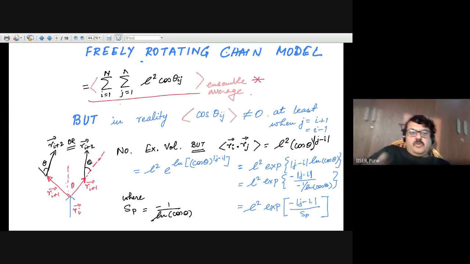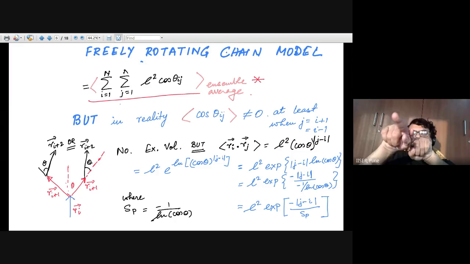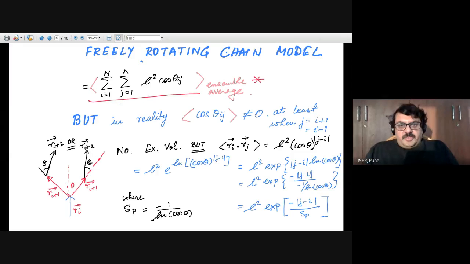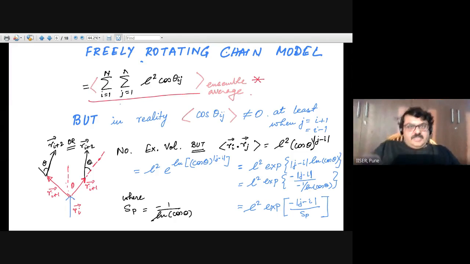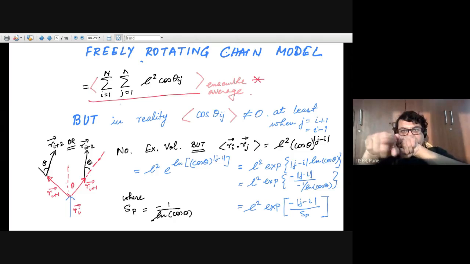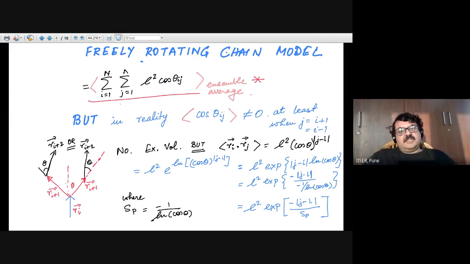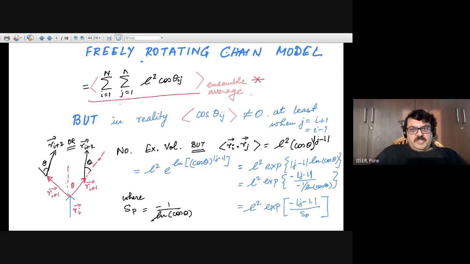Okay, some fixed value. But about this bond, while maintaining theta, it can basically point in all possible directions. So it can go like this, but with respect to this, the angle theta has to be maintained.